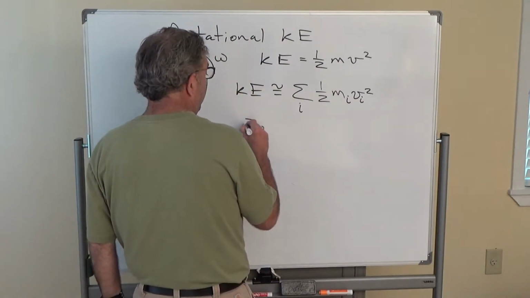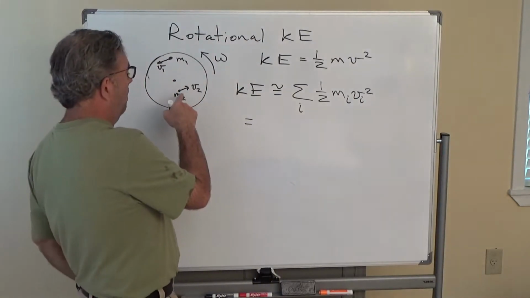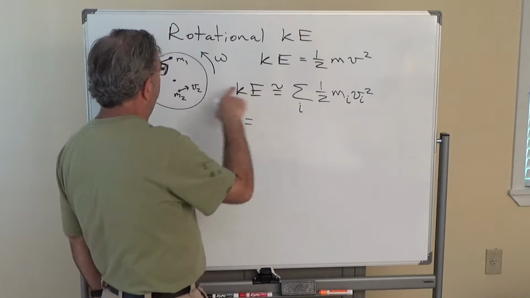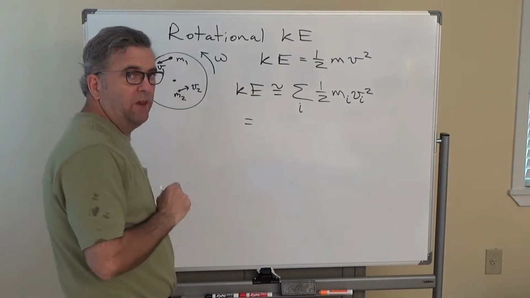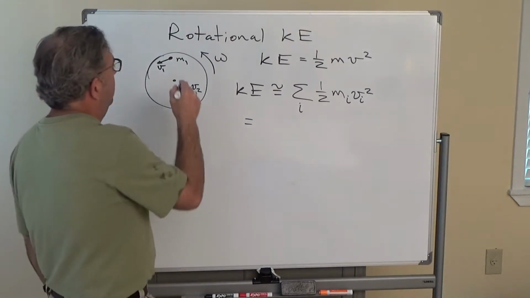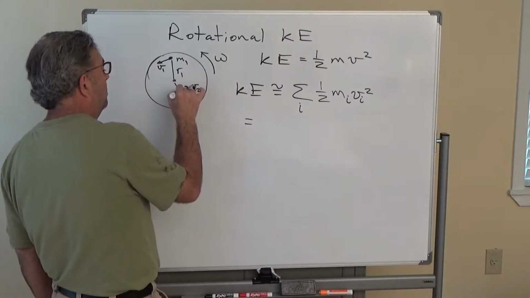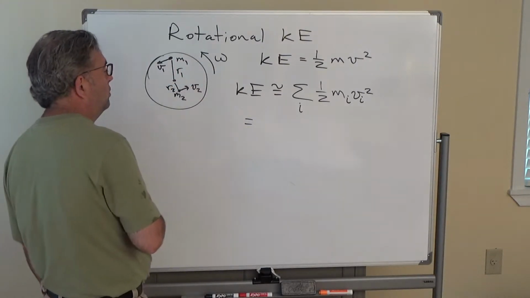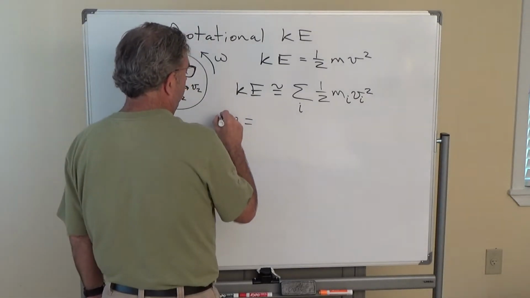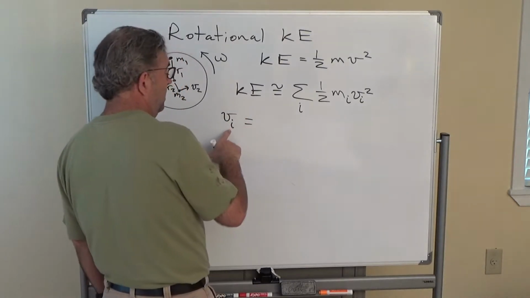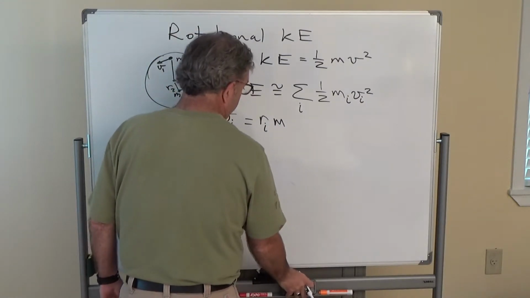But we know from what we did the other day that we have an expression for the tangential velocity of all these little particles based on the angular velocity. If this M1 is at some distance R1 and M2 is at some distance R2, for each individual v sub i, that's going to be r sub i omega, not m sub i.